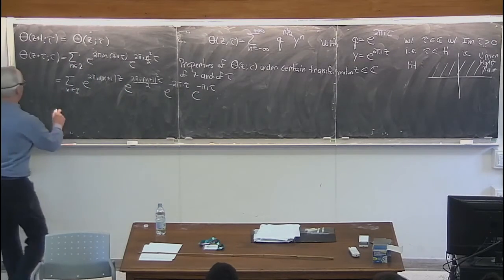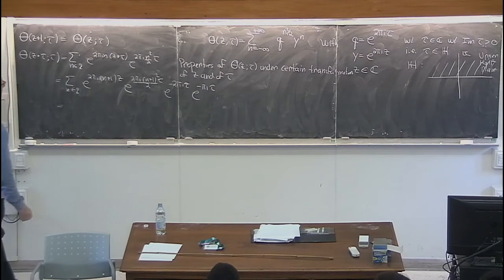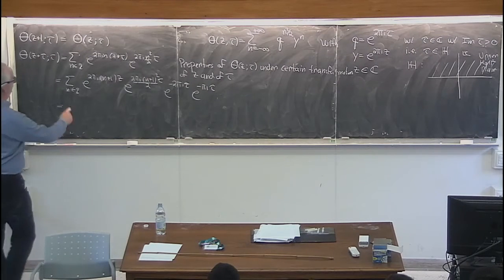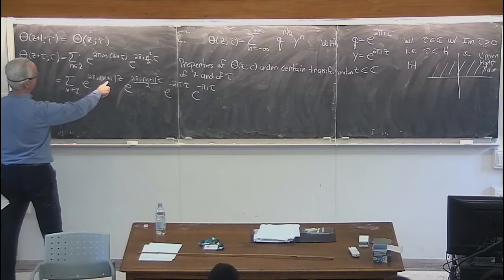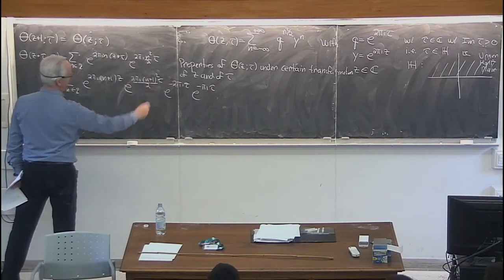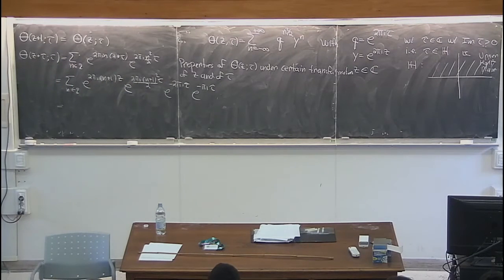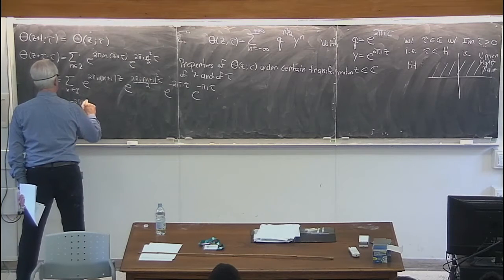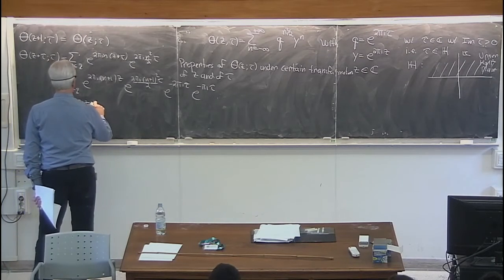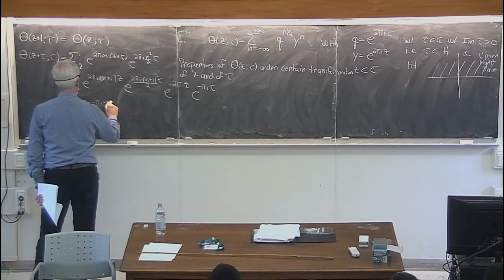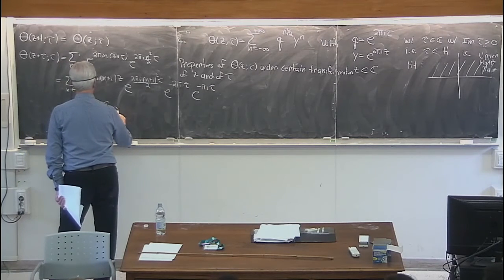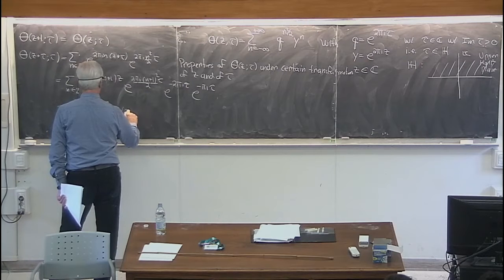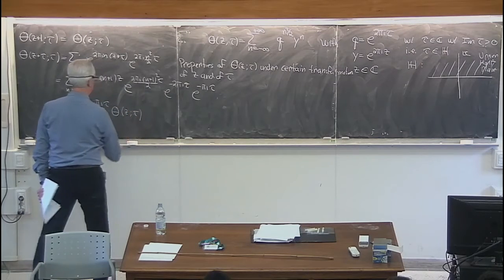Okay, so that's correct. And now the reason for doing this, well, the sum over all integers n plus 1 is the same as summing over all integers n. So this is equal to e to the minus 2 pi i z minus pi i tau times theta of z and tau.